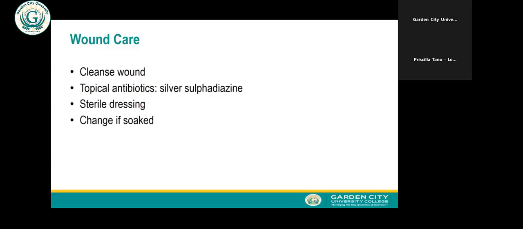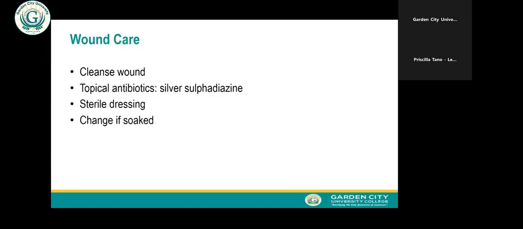To find out. Right. So after we've stabilized the patient, we want to now do wound care, so cleanse the wound using our typical antibiotics. The main one they used was sulfadiazine, right? I'm sure they have others. They have a lot of other ones, but I think this is the standard one that is used. And so they're also prone to infection. We've said that their immunity is very low and all that.